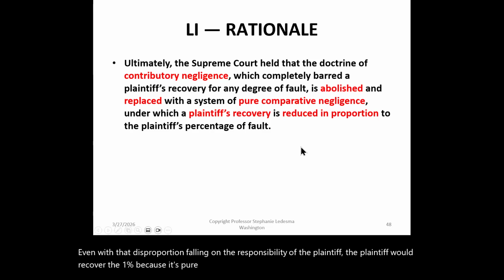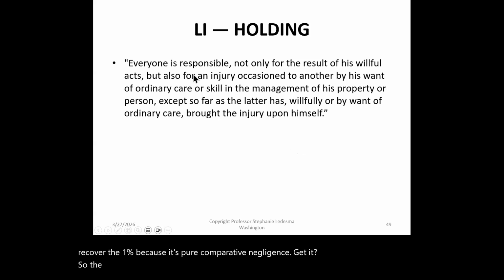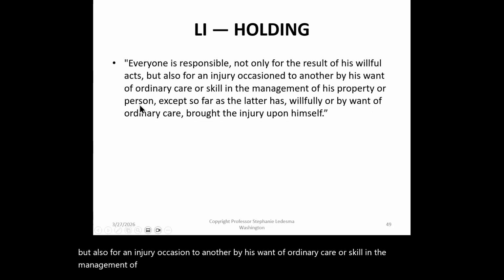Get it? So the holding from Lee is everyone is responsible not only for the result of his willful acts, but also for an injury occasioned to another by his want of ordinary care or skill in the management of his property or person, right? So in other words, we all have a duty of care to ourselves.